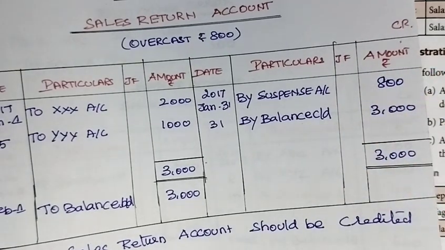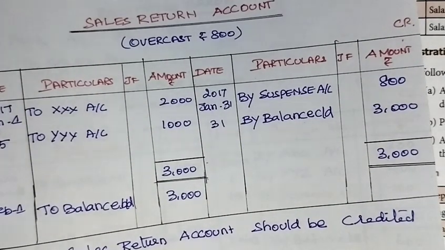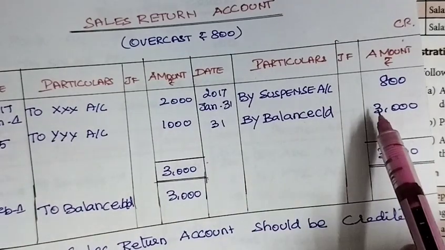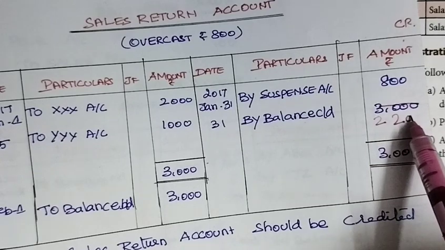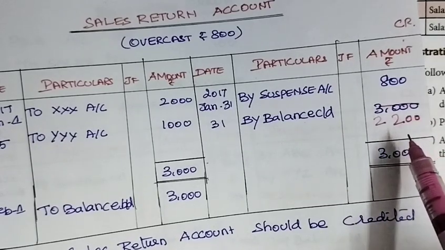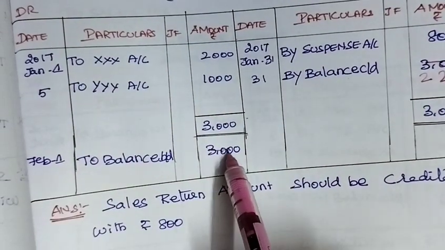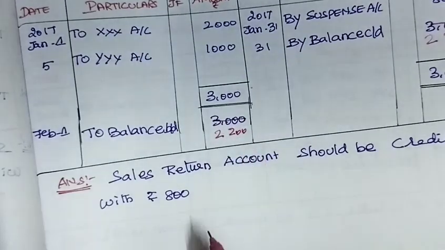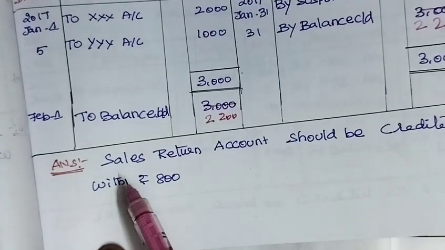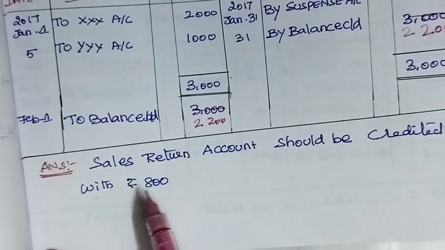You will get 2200 rupees, right? So you have to write 2200 rupees. You subtracted that 800 rupees, and here also it will be changed to 2200 rupees. So now you can say the sales return account should be credited with 800 rupees.